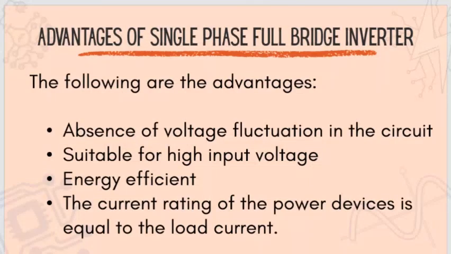These are the advantages of the single-phase full-bridge inverter. I will not discuss in this video the three-phase full-bridge or half-bridge inverter, only the single-phase. So these are the following advantages: the absence of voltage fluctuation in the circuit, suitable for high input voltage, energy efficient, and the current rating of the power devices is equal to the load current.